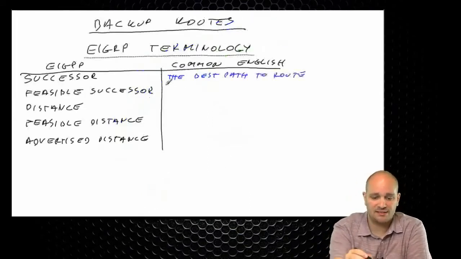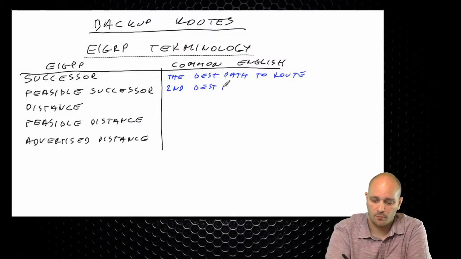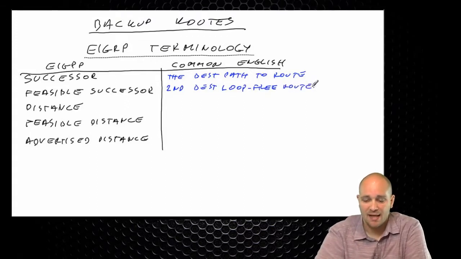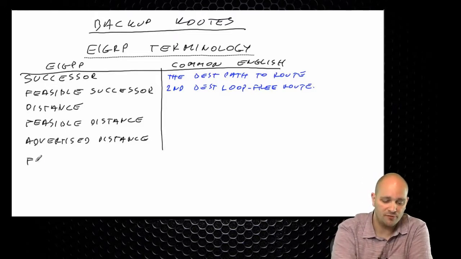Now, feasible successor is the second best route. I should say second best loop-free route. Now, technically speaking, this is going to be the route that has passed something that is called feasible condition.